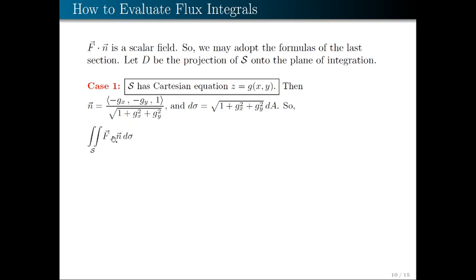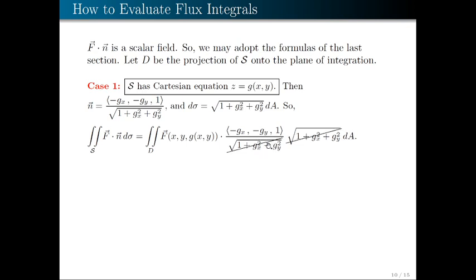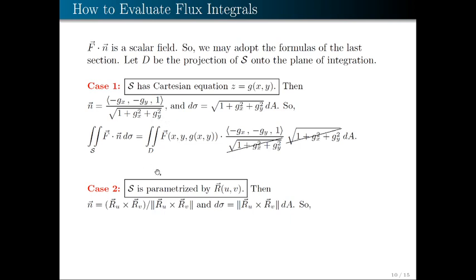Our flux integral of F dot n over S can now be written out as a double integral over this region D here. F can now be written out as a function of two variables x, y, and z equal to g of x, y, dotted with n. Then d sigma here would be this, and notice that the square roots here would cancel out, leaving this one: the double integral of F dotted with negative g sub x, negative g sub y, 1, integrated over dA.